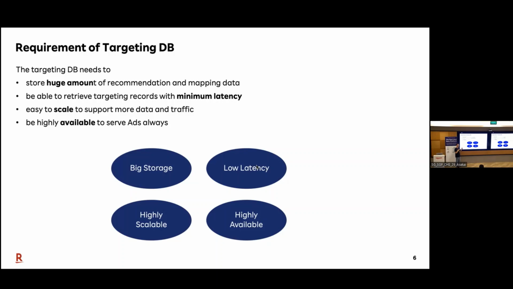That means whenever a user sends a request to a supply side platform, for example, we at Rakuten can bid that we think this is good for the user. We must return our ads in a very short time, so we need to compete on speed. So low latency is one of the requirements, and it must also be highly available.